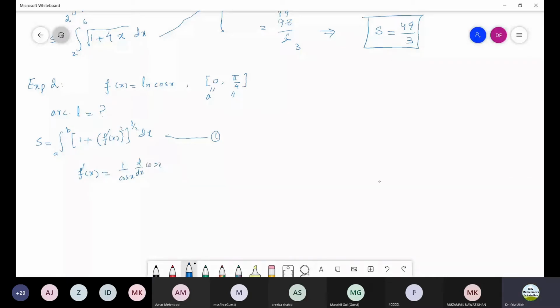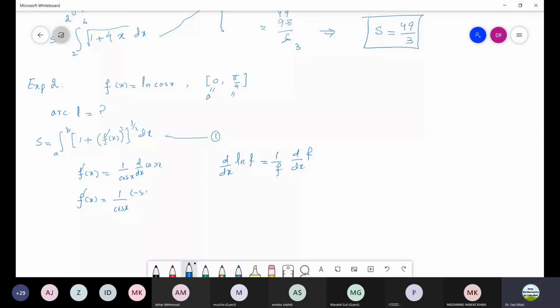Let me write it here: d by dx of ln f is equal to 1 over f times differentiation of f. So I'm using that rule. From this rule, I get f dash of x equal to 1 over cos x. Differentiation of cos is minus sine.